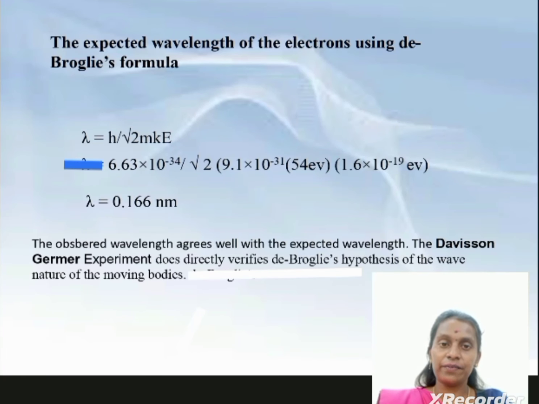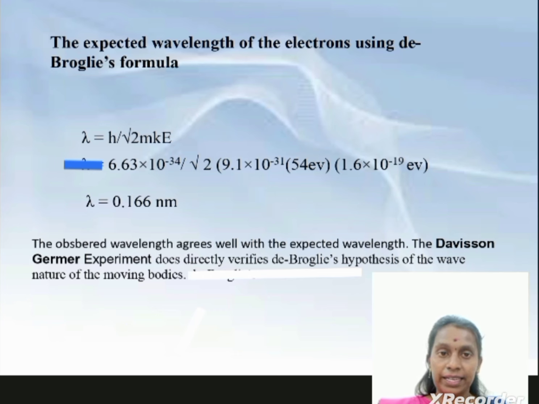The expected wavelength of the electrons using de Broglie's formula: lambda is equal to h by square root of 2mKe, where h is Planck's constant, whose value is 6.63 into 10 to the power minus 34 joule second. m is the mass of the electron, that is 9.1 into 10 to the power minus 31 kilogram.